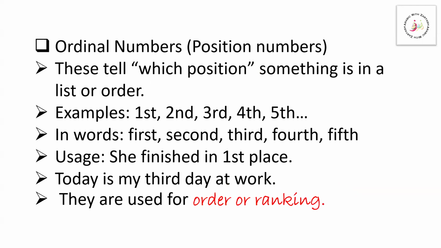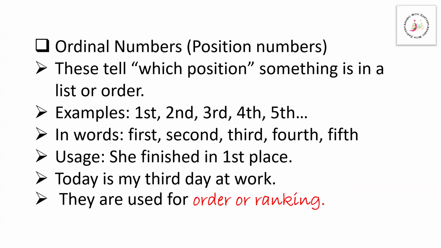Then we have the ordinal numbers, which are used for order and position. They answer the question of which one in order, or something in a list, like the first, the second, the third, the fourth, the fifth.